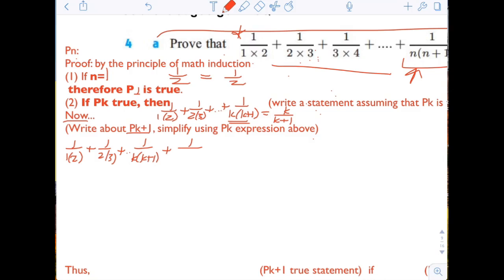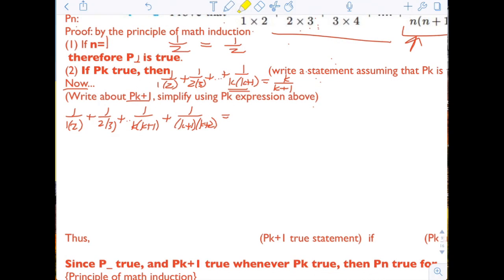And then we're going to add finally the last term, which is k plus 1 times k plus 2 equals. And we don't know yet. We're not going to finish that up. We're going to try to make it look like this and substitute this in and see if we can make it true. Do you see how this is this?